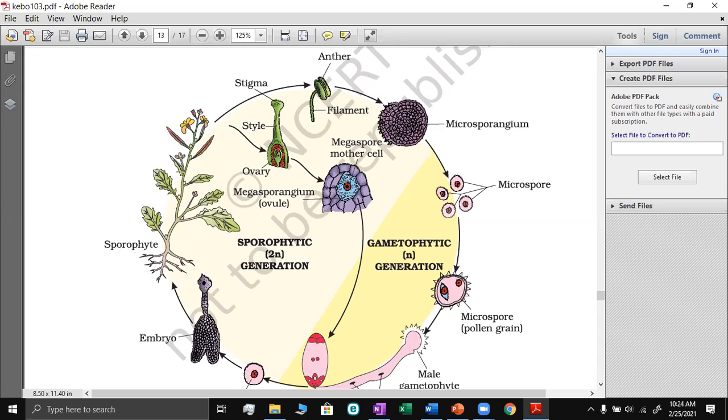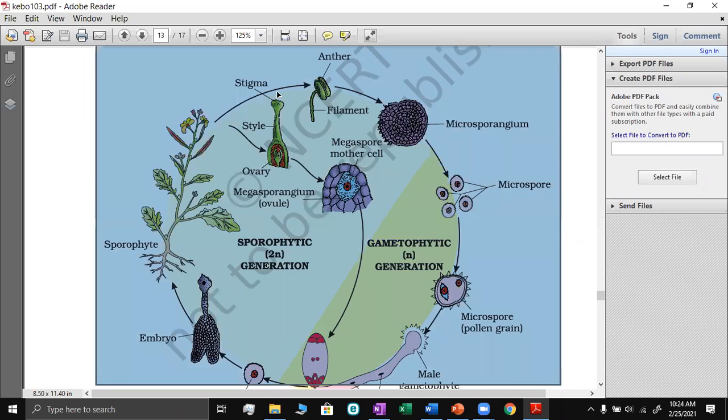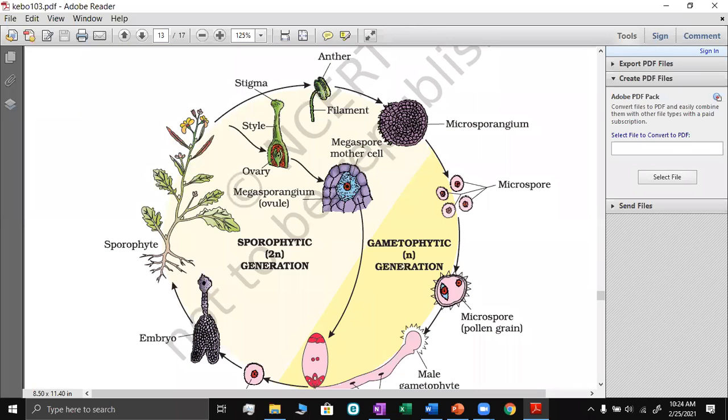This sporophyte produces the reproductive structure, the flower. Within the flower there are two different reproductive structures. One is the carpel, in which the ovary is there, and the other is the stamen, in which the anther is there.